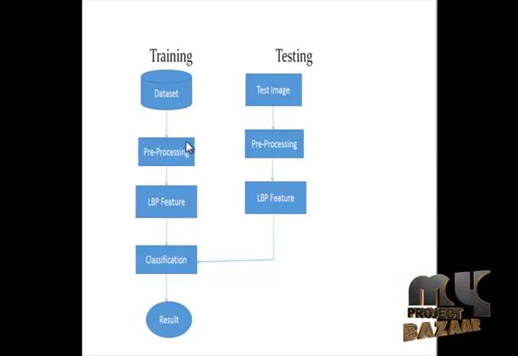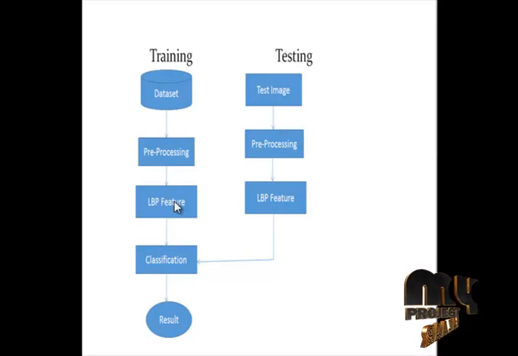After removing the noise, it will go to the LBP feature technique. LBP is the local binary pattern. The LBP operator assigns a label to every pixel of a gray level image. The label mapped to a pixel is affected by the relationship between the pixel and its 8 neighbors.